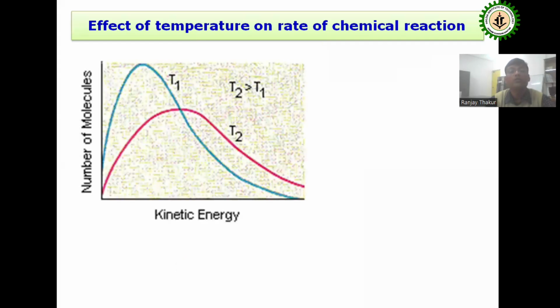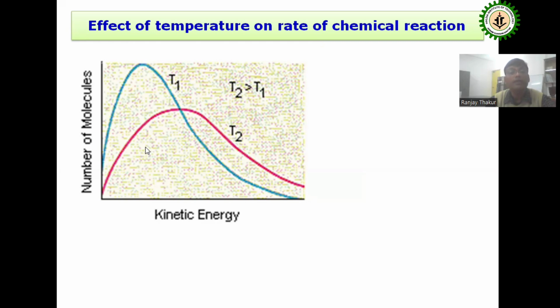Now this can also be shown by a graph. Suppose T2 is greater than T1, then you can see the height of the energy barrier at temperature T1 is more. If the energy barrier is higher, the activation energy needed is higher, and if activation energy is more, the rate of reaction is slow.